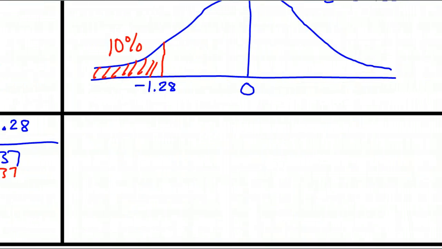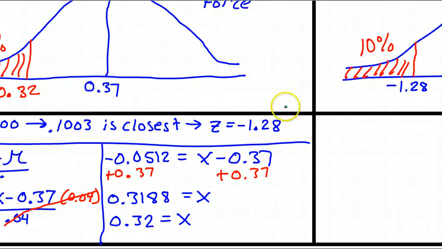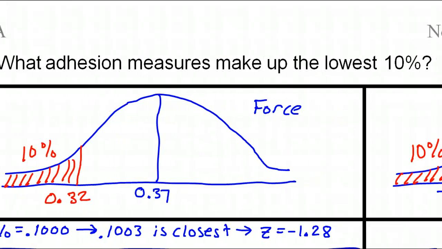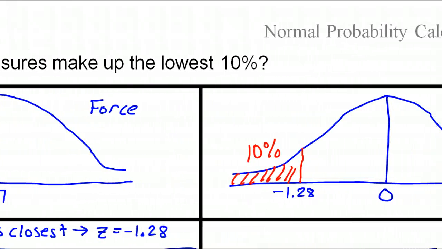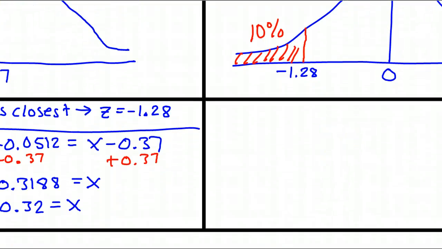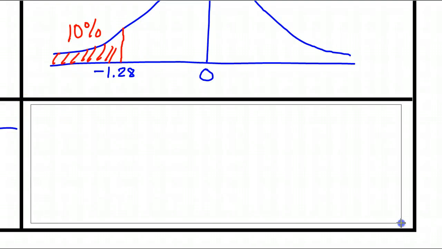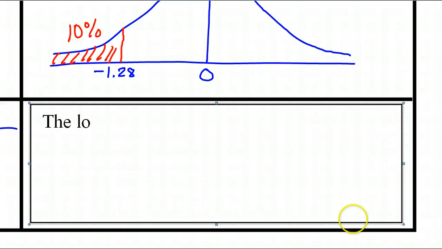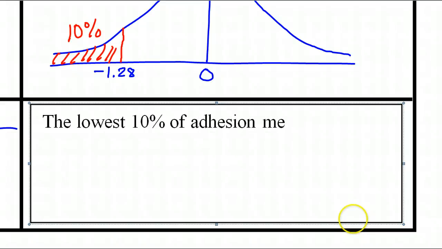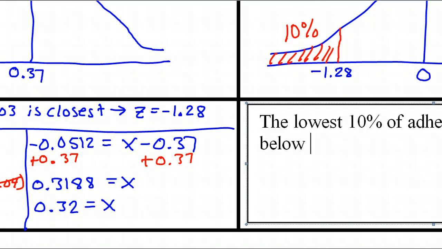So it's time to answer the question now. What adhesion measures make up the lowest 10%? Well, the lowest 10% of adhesion measures are below, what did I say, 0.32.